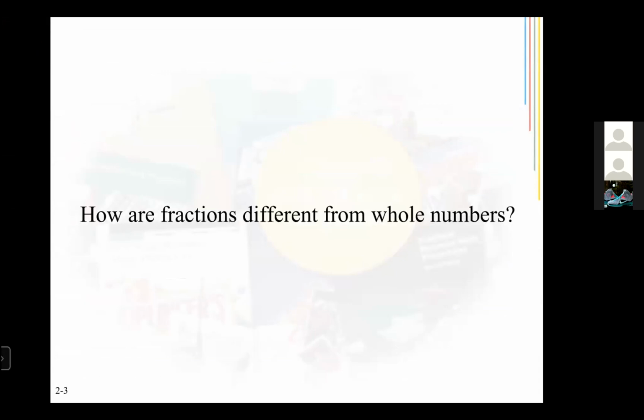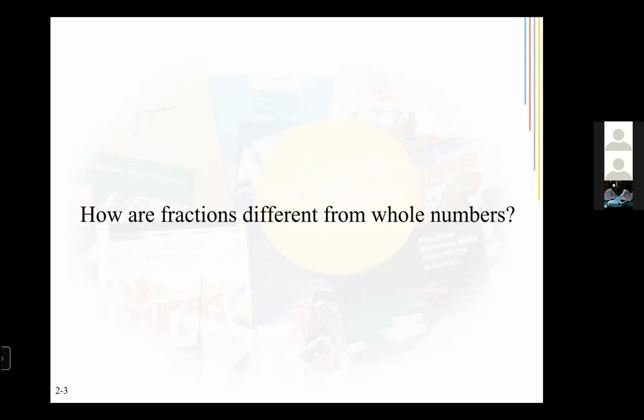The question is asking how are fractions different from whole numbers? What do fractions do? What's the purpose of a fraction? Why do we need fractions? To give us a percent, not a percentage, but a portion.